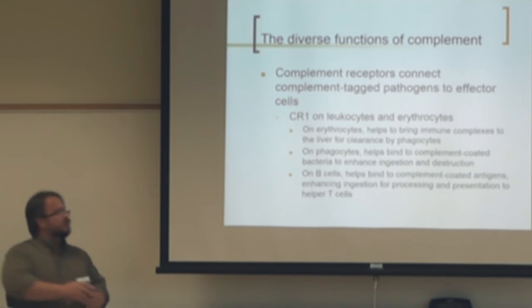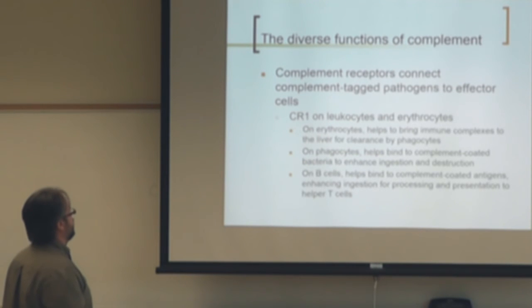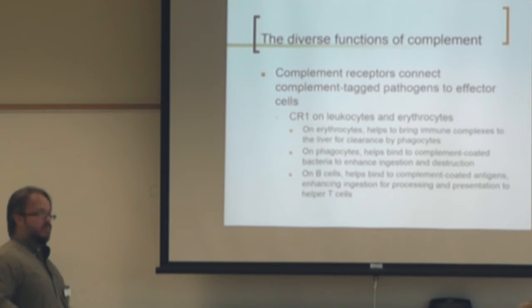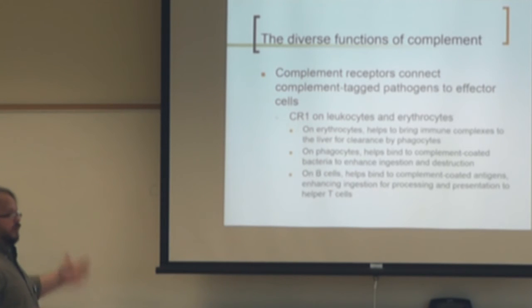So these are important receptors: CR1 on leukocytes and erythrocytes. On red blood cells, they help to bring the immune complex to the liver for clearance. The red blood cells are short-lived, so we have to have a way of getting rid of them. Complement is a part of that. Complement will bind to those receptors and then lead those to the liver to be cleared out.